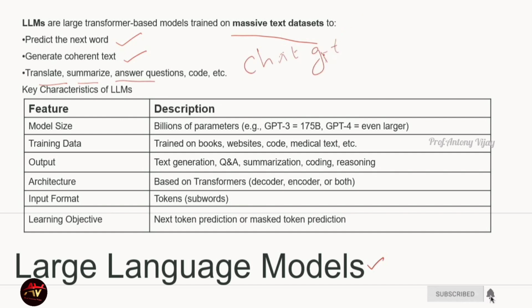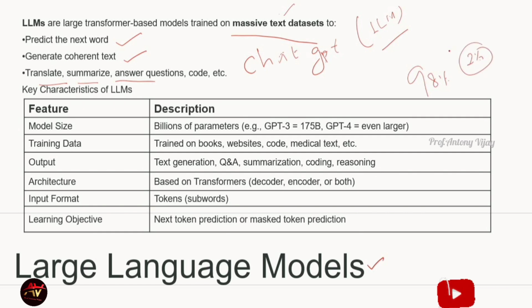ChatGPT also uses this LLM technique, because a lot of data is required for training. Then only we can get approximately 98% correct results. Sometimes around 2% mistakes might be there.